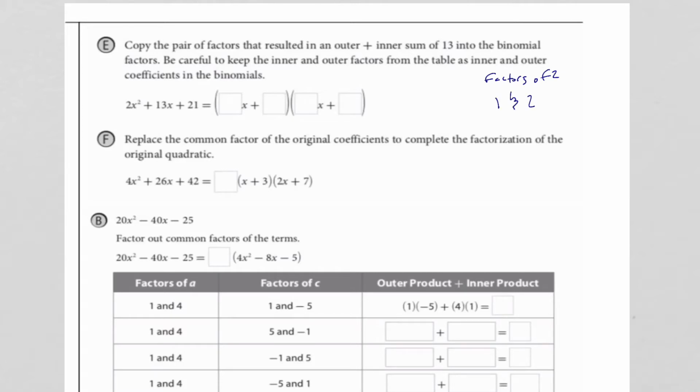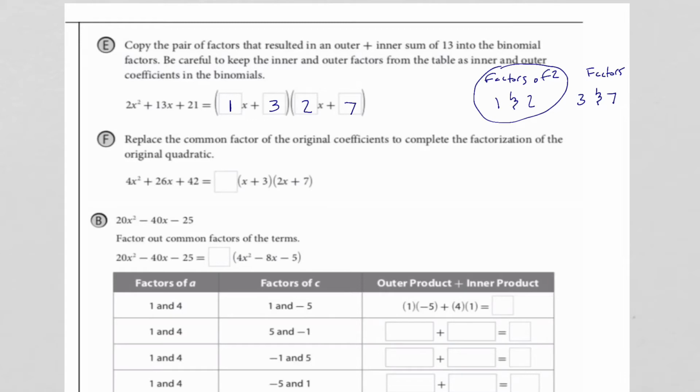I mean, what else could they be? And the factors of 21 that worked, and by worked, I mean they added up to 13 eventually, 3 and 7. So we essentially have 1x and 2x, this is the part from A, 1 and 2. And then we also have 3 and 7.